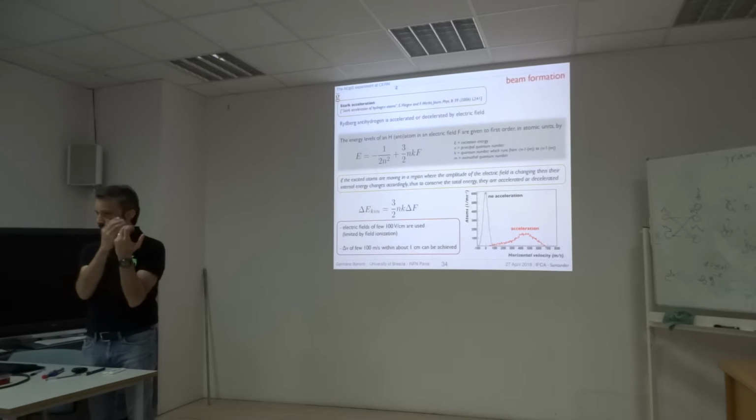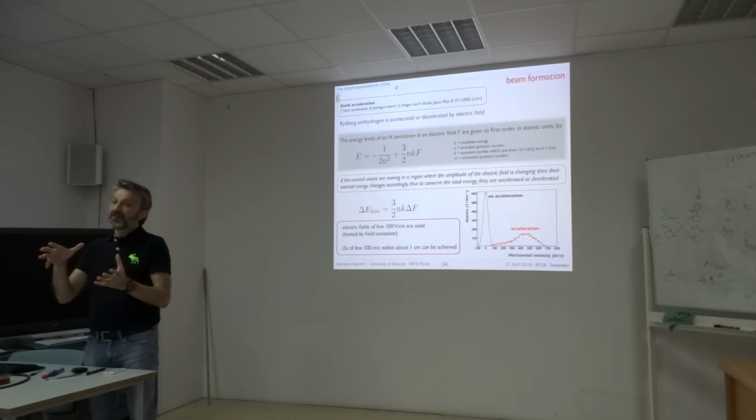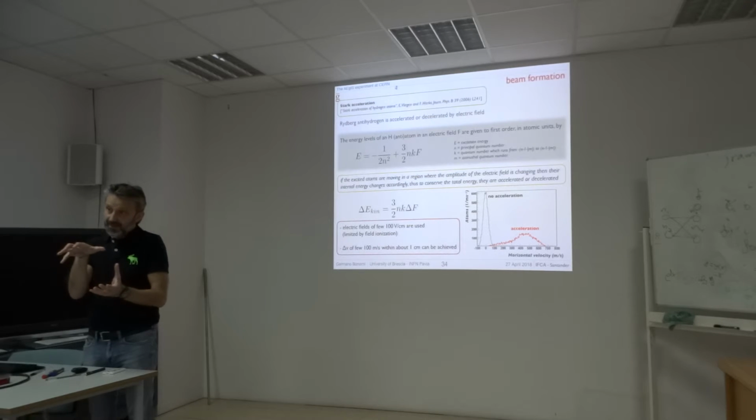They produce anti-hydrogen and they are able to keep it with a gradient of a magnetic field, because every hydrogen or anti-hydrogen atom has a magnetic dipole. If you have a gradient of a magnetic field, you are able to trap them. It's very difficult, but they are able. Then they keep it there.